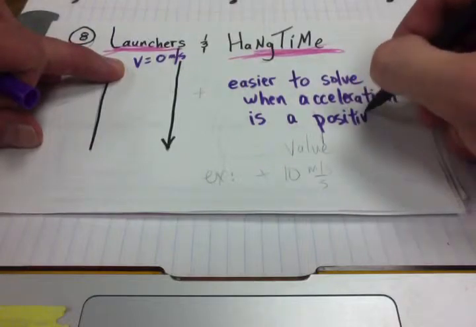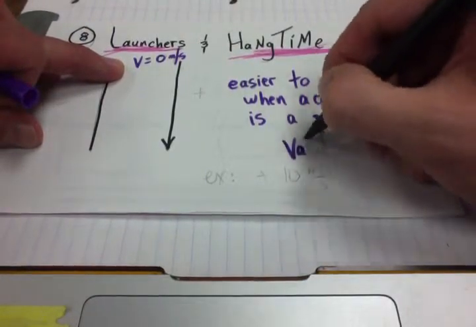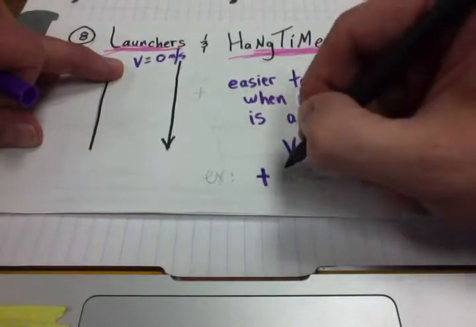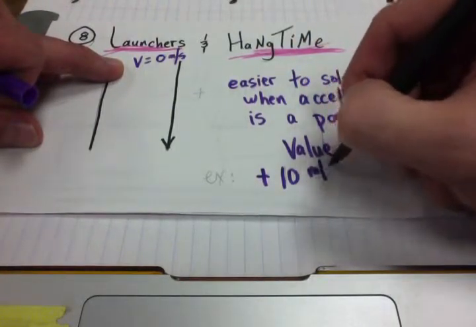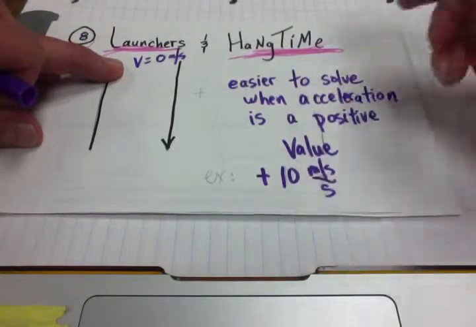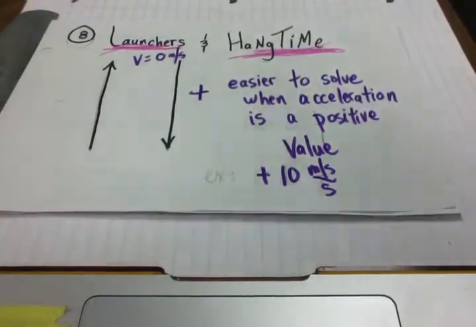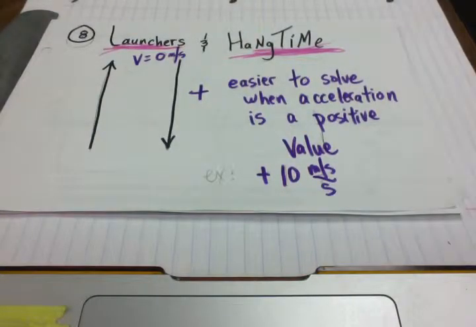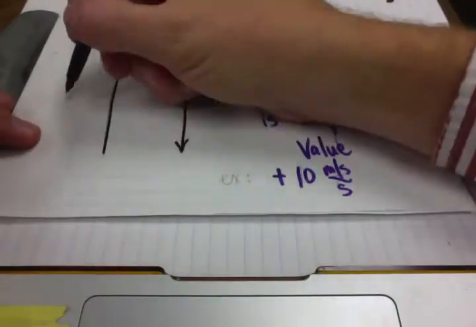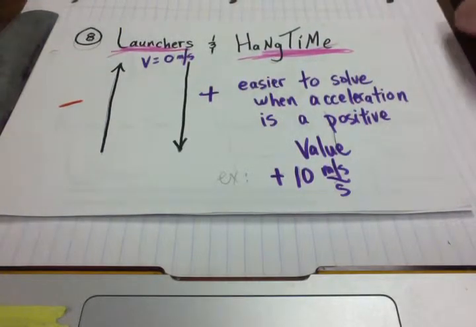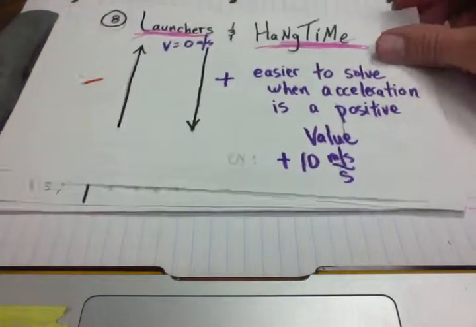If you are plugging in a positive value for acceleration due to gravity, that means coming down is your positive direction. If coming down is your positive direction, that means going up is your negative direction. So it's really another way to look at that picture in number 8.